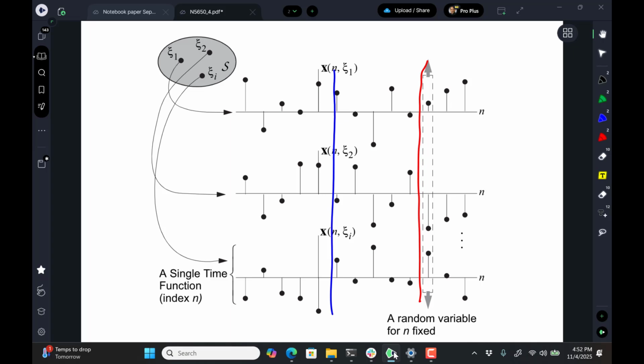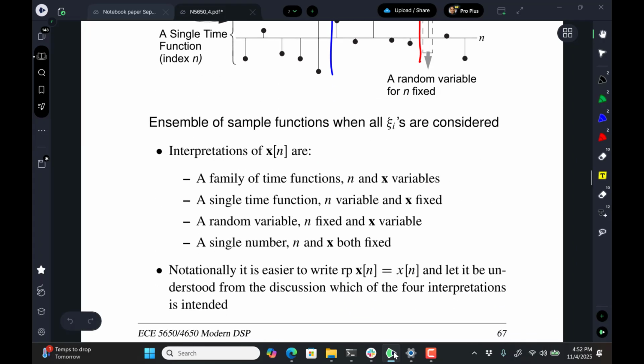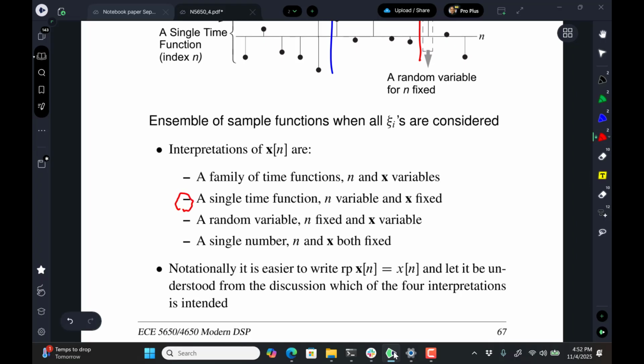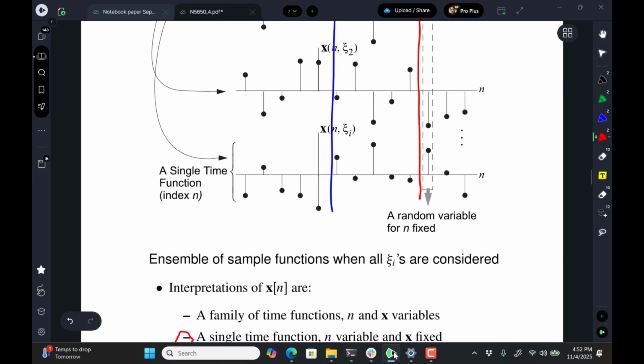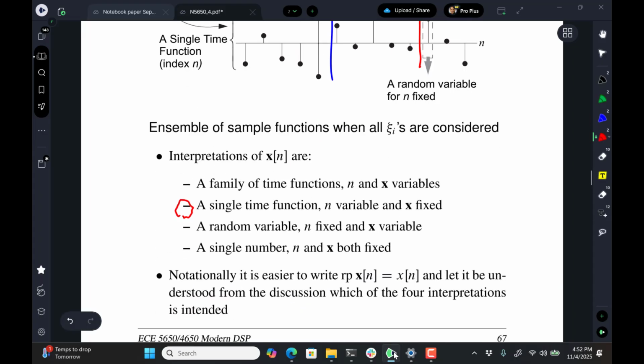So if we look at it horizontally, which is down below here, there are these 4 interpretations. Looking at it horizontally, a single time function would just be slicing across the ensemble at any particular waveform that we might decide to choose.